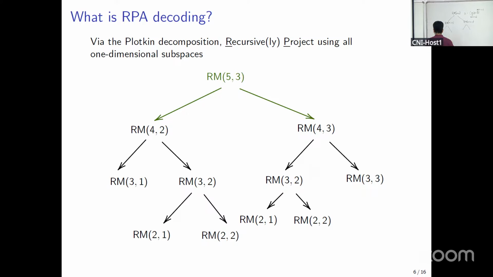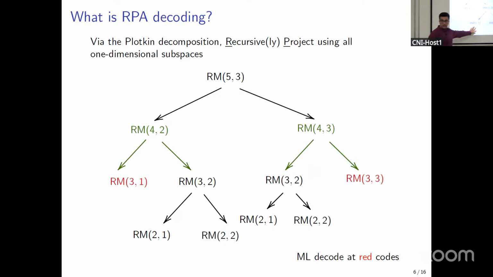We can keep unrolling this recursion until we either hit a first order Reed-Muller code or a Reed-Muller code where R equals M. So the RPA decoder essentially does this. It unrolls this recursion, and whenever it hits a leaf node, it performs ML decoding because that is simple to do. You have a first order Reed-Muller code, you know how to do ML. You have a Reed-Muller code where R equals M, you know how to do ML.